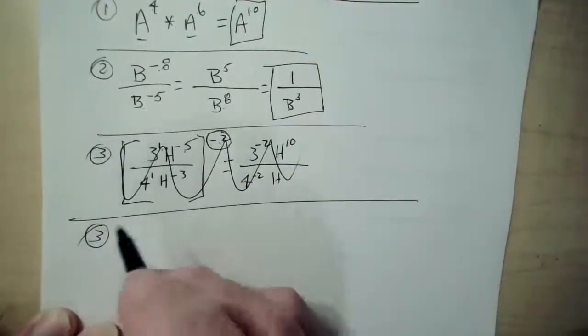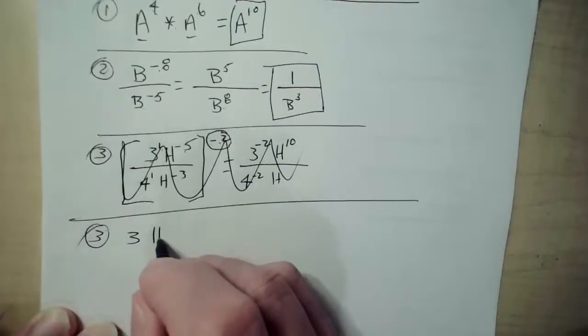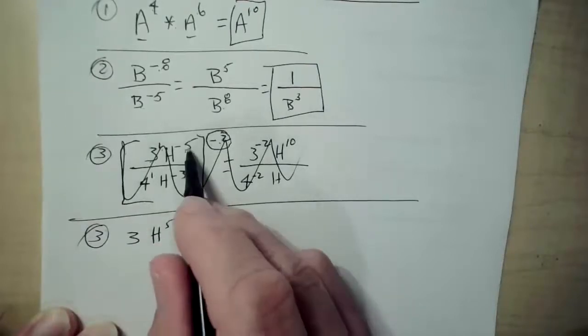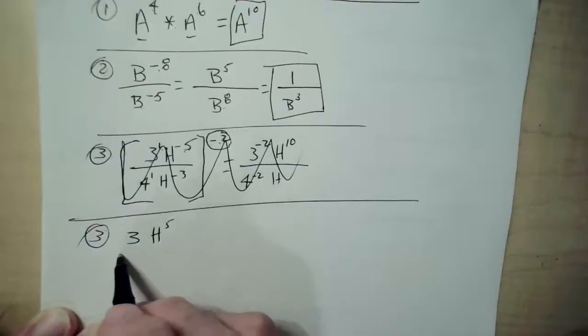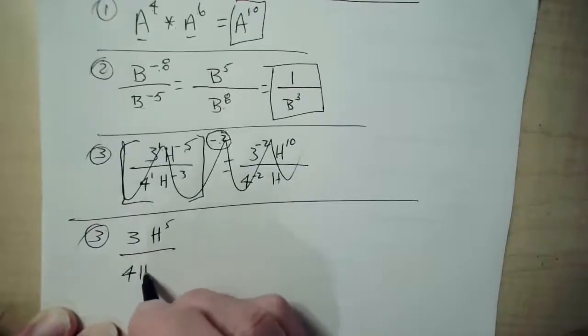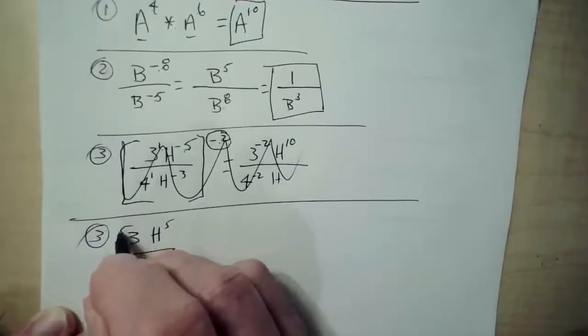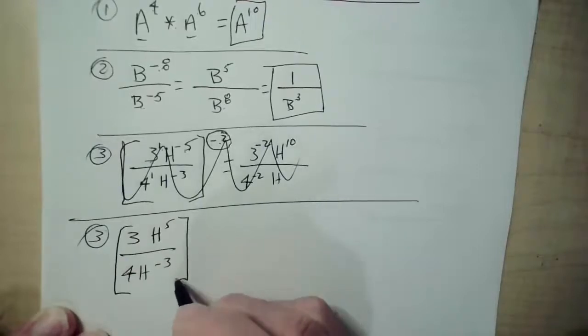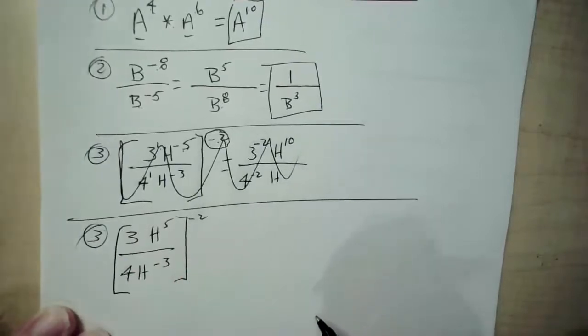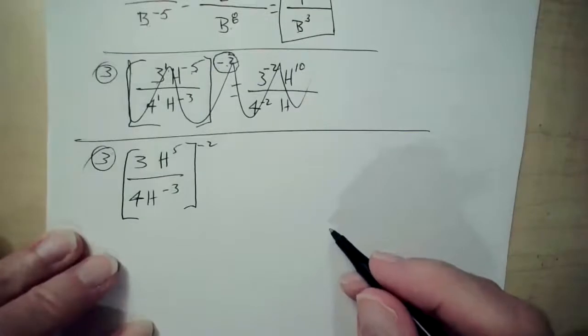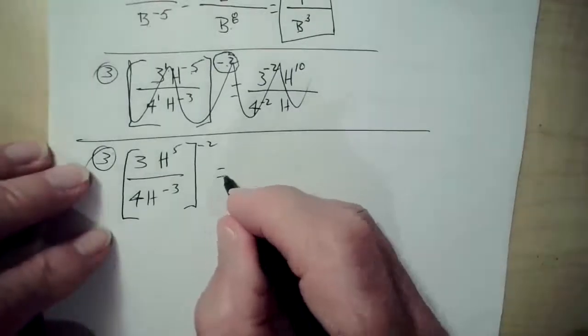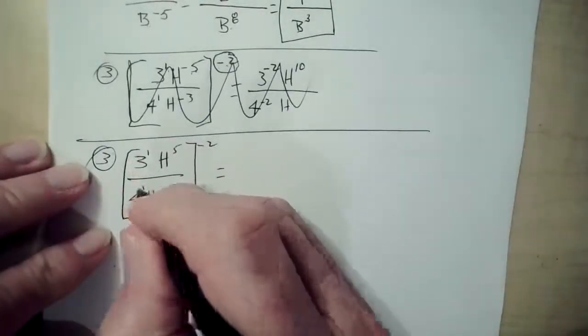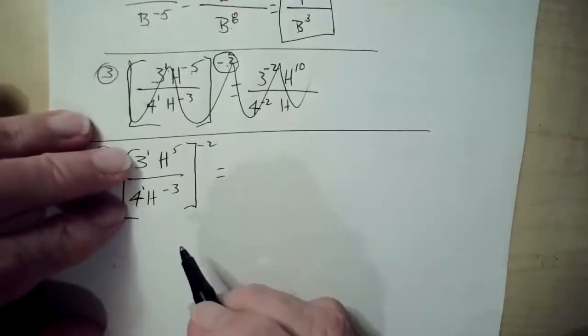Number 3, I'm sorry. If we have 3h to the 5th, not negative 5th, over 4h to the negative 3rd, all raised to the negative 2 power. And again, remember, the constant, the numbers, they also have exponents.